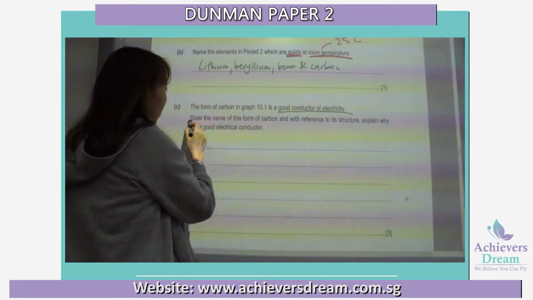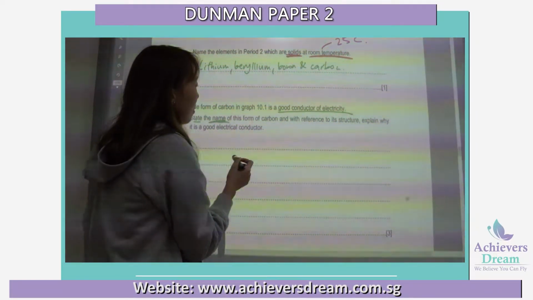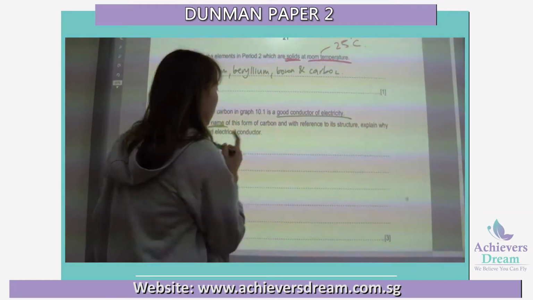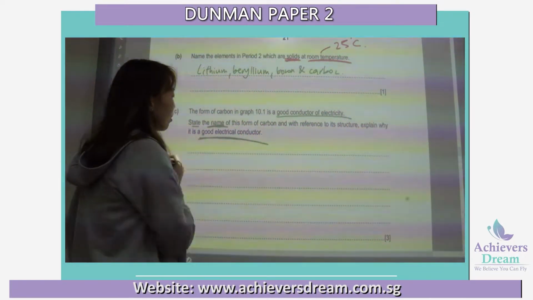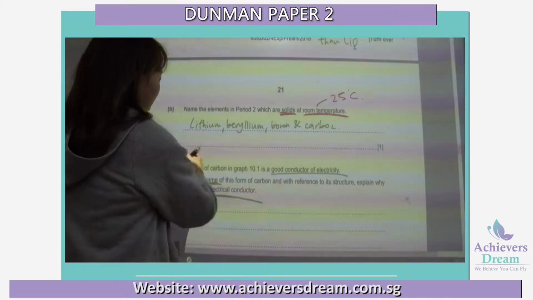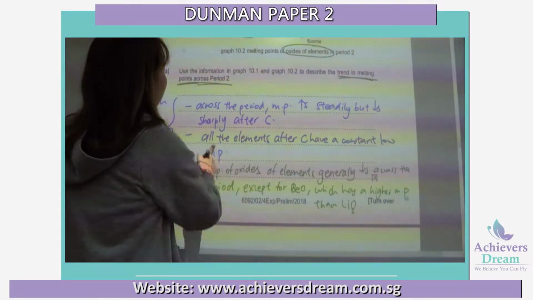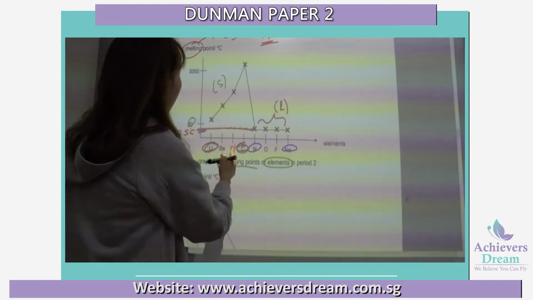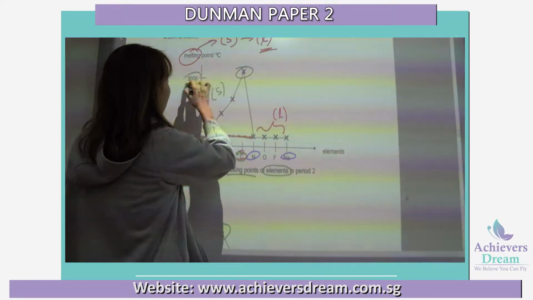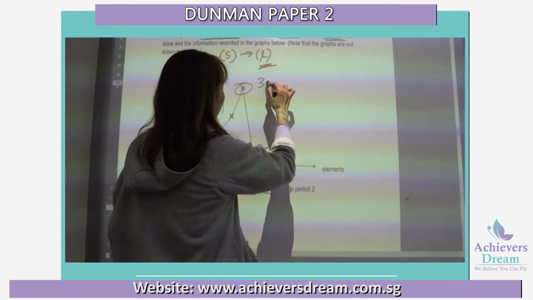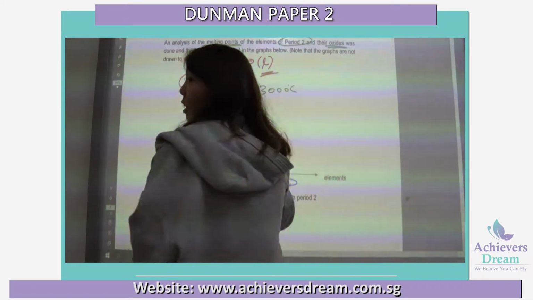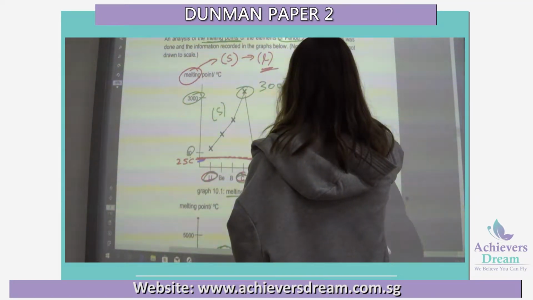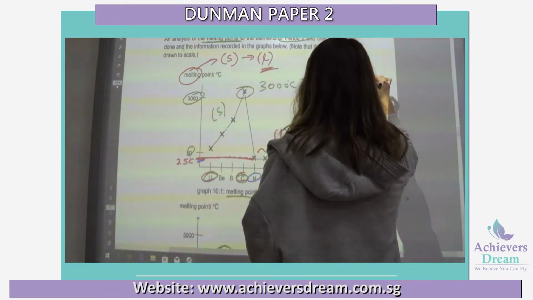Okay, for part C, the form of carbon in graph 10.1 is a good conductor of electricity. State the name of this form of carbon and with reference to its structure, explain why it is a good electrical conductor. Okay, this one from graph 10.1, carbon. The melting point is 3000, correct? So it has a very high melting point.